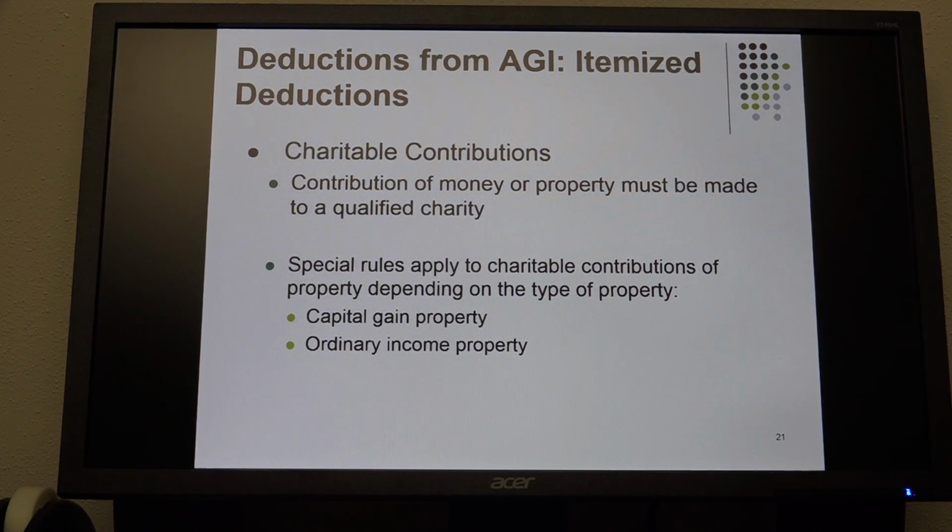Now, the amount of the charitable contribution is subject to certain rules. If it's a contribution of cash, they're deductible in the year paid, and that cash includes payment by check, electronic funds transfer, credit card charges, and payroll deductions.